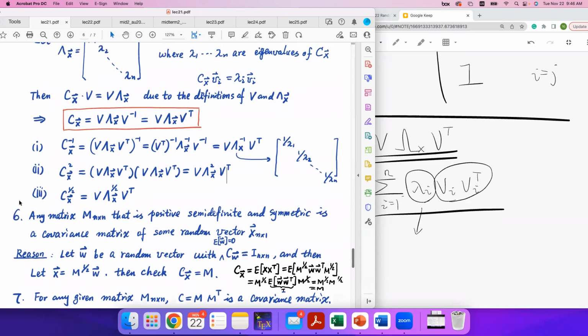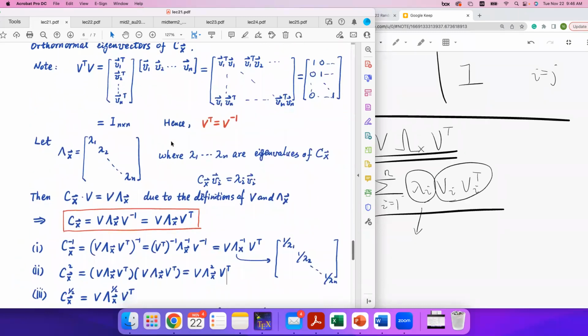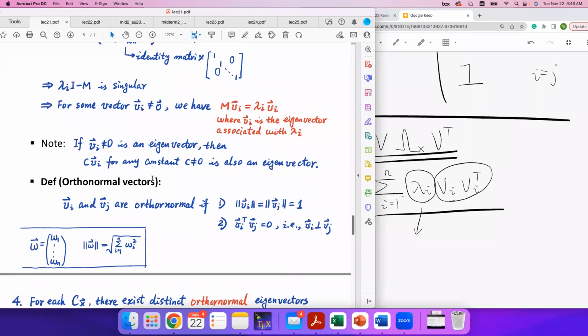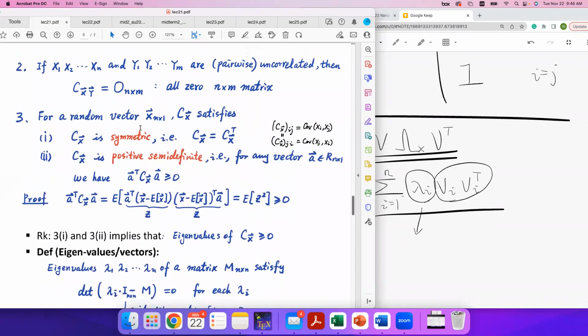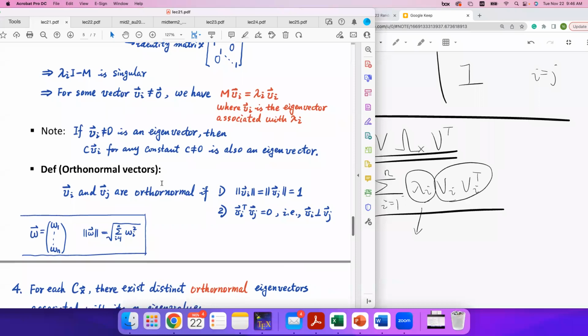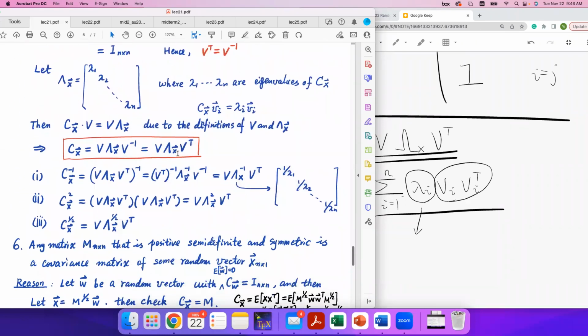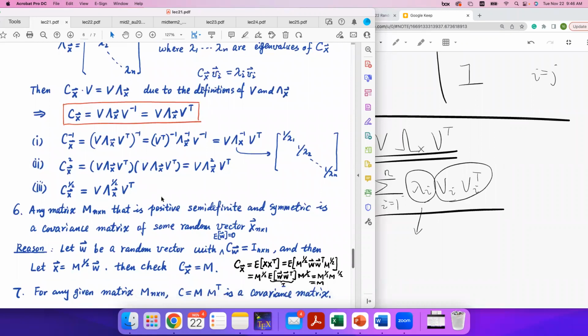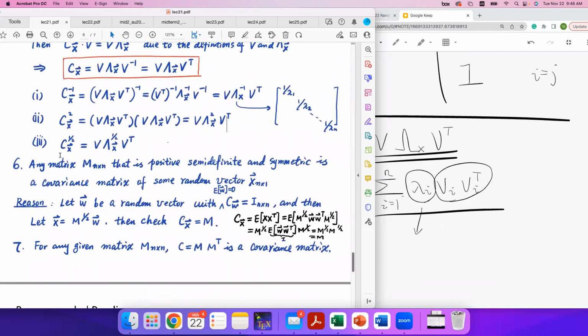So up to here, what we discussed is that for this autocovariance matrix C_X, because it is symmetric and PSD, we can perform this standard eigen decomposition, and this will have these nice structures. And the other comment is that every autocovariance matrix C_X is symmetric PSD, therefore we can perform this eigen decomposition.